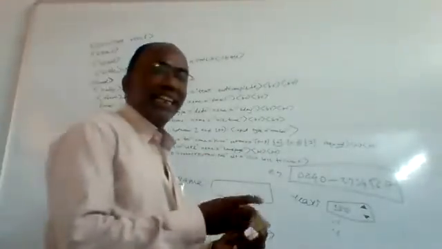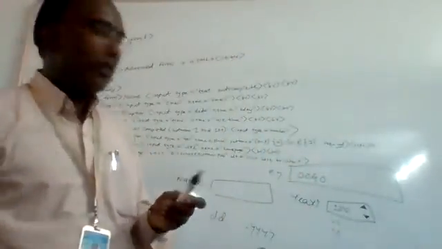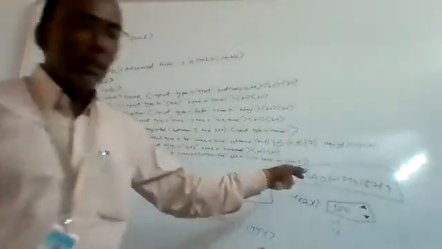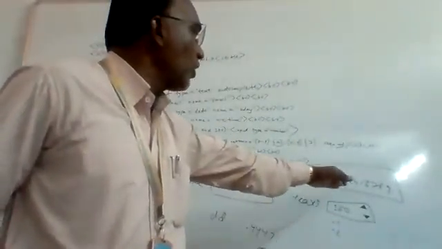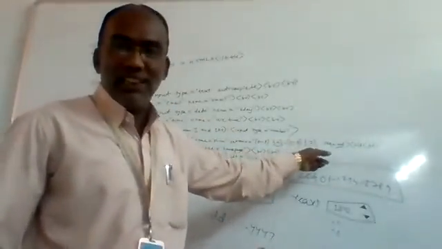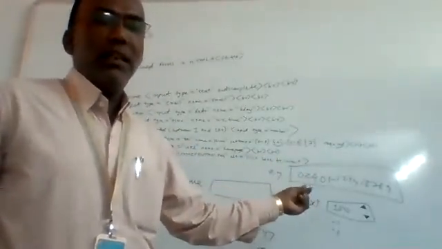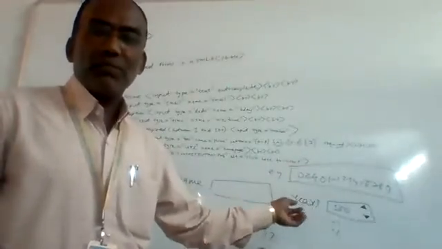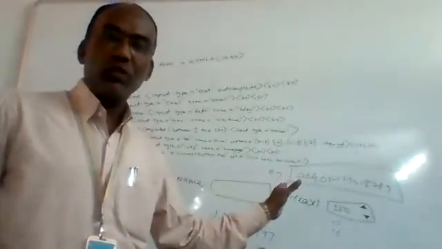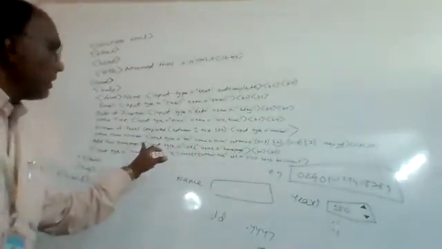So if a user inputs the data like 02401 dash 123456789, it will accept only these 4 digits and here 7 digits. So it requires valid input. Okay, fine.